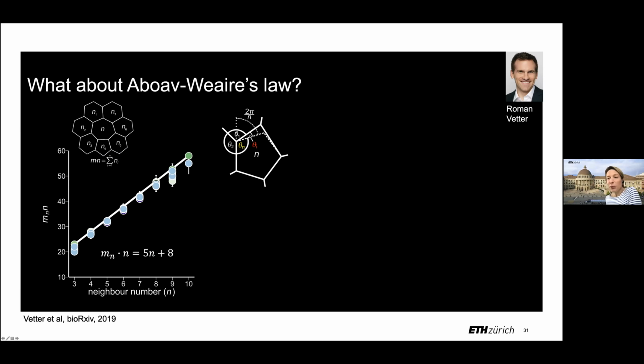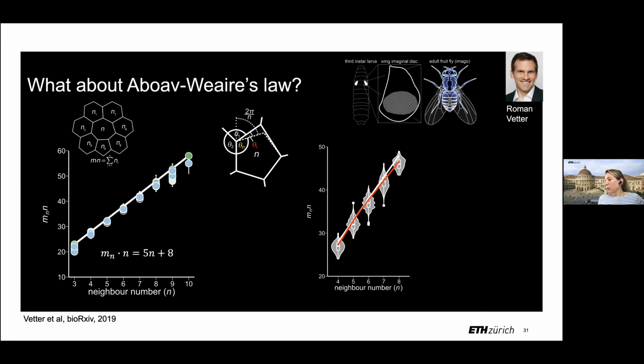And it's very difficult to derive that for any arbitrary area distribution. But what we can do is take the Aboav-Weaire relationship that we observe in the Drosophila wing disc, shown here. The white line is Aboav-Weaire's law, and you see it's pretty close to the measurements.